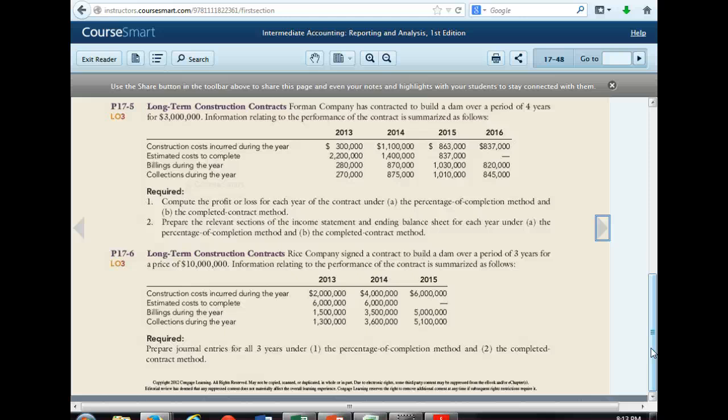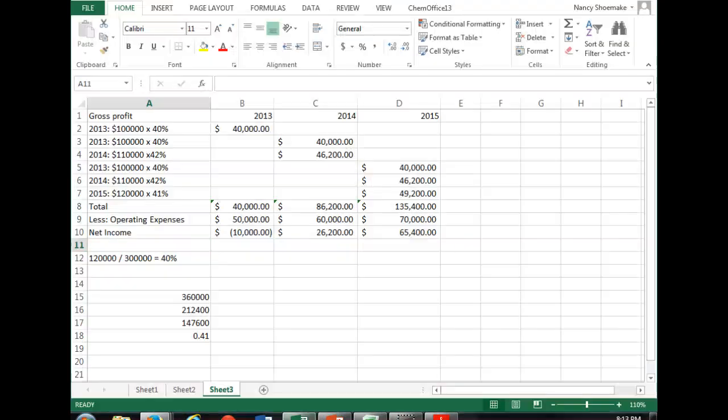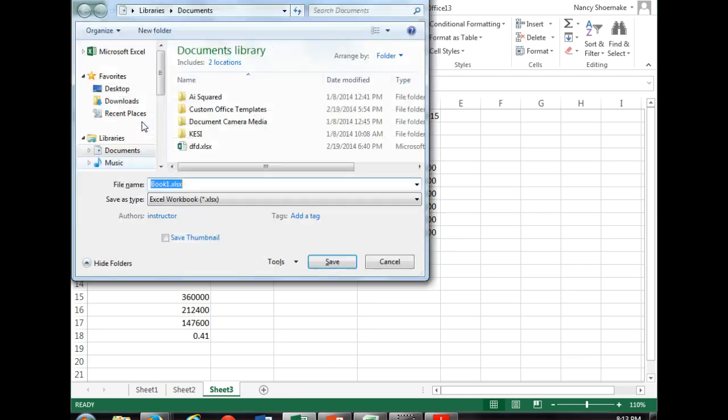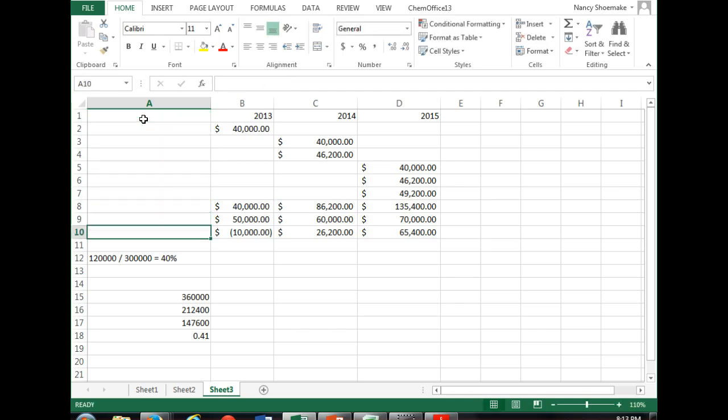So, let's start by looking at how we calculate the percentages here. So we have 2013, 2014, 2015. Sorry. Did you guys hear it might be like 50?